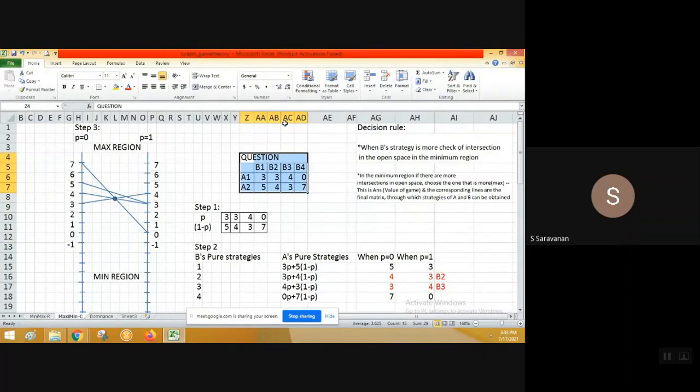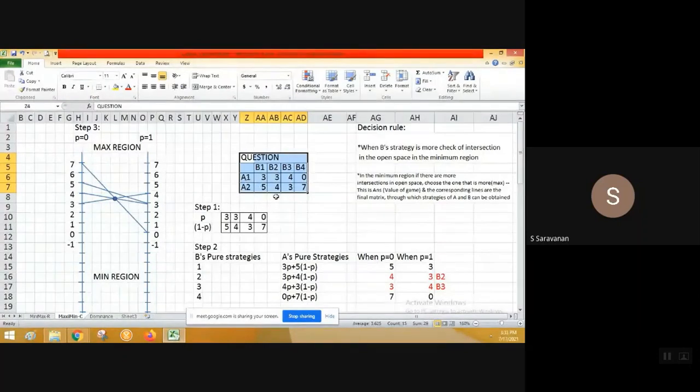They may not be testing that much, so we can just go ahead with this problem: 2 strategies for A and 4 strategies for B, because the time available is also much limited, unlike a 3-hour exam where people sit and write. Okay, fine.